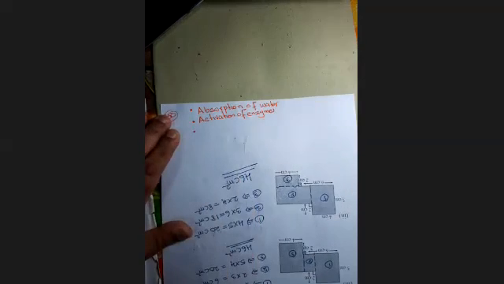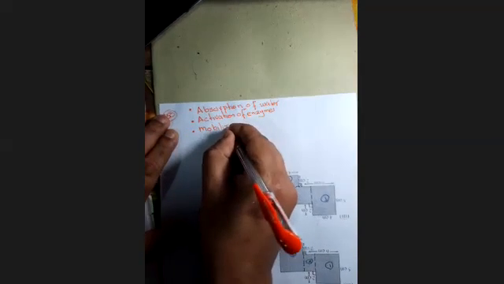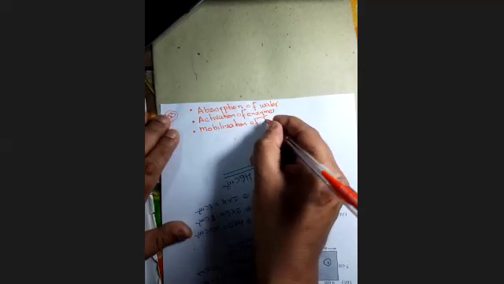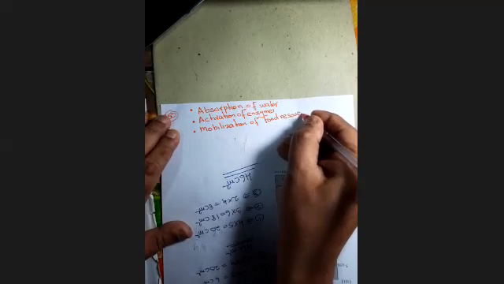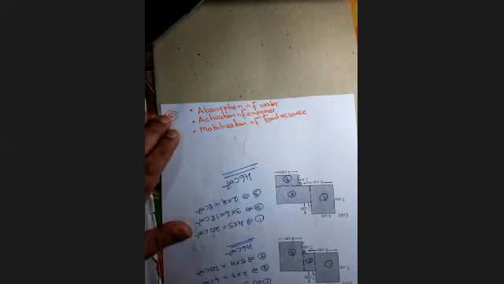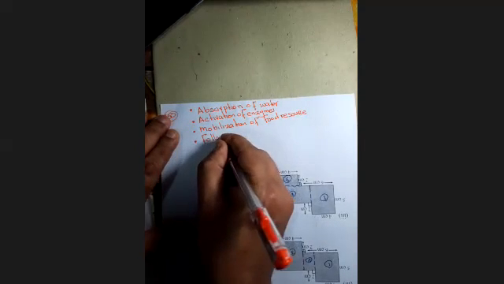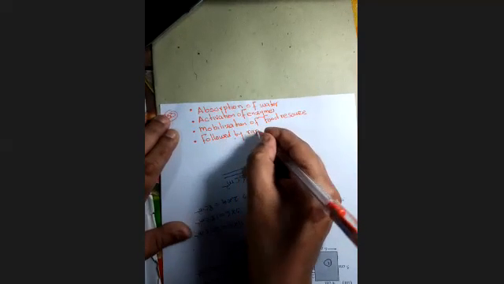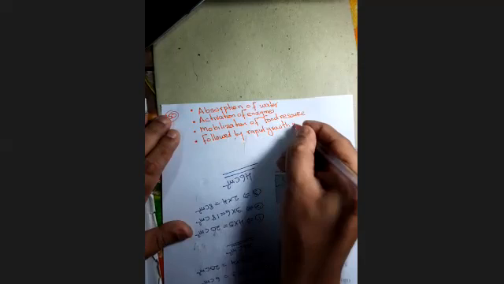Then mobilization of food resources, in brackets nutrients, no need to write that. Followed by rapid growth process of the embryo.